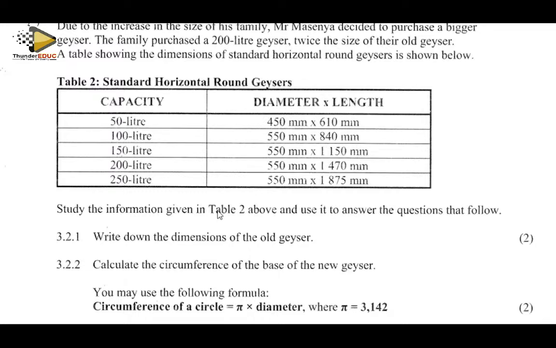Write down the dimensions of the old geyser. Remember, how do we get the old geyser when they have not given it? The new one is twice the size of the old one. So the old geyser is supposed to be at 100.